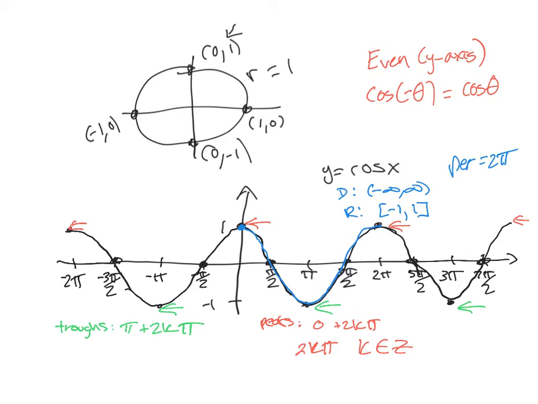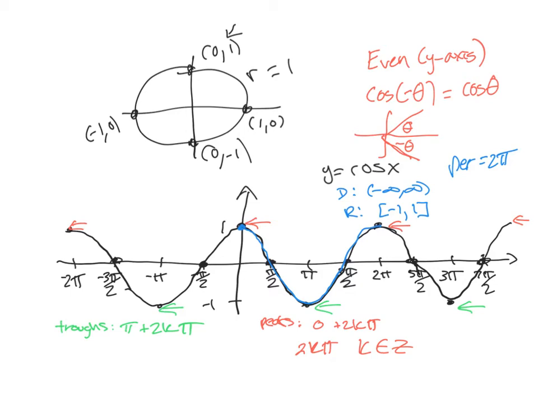And a good way to see that, again, is let's draw an acute angle theta. Here would be theta. This would be negative theta. And cosine is positive in both quadrant 1 and quadrant 4. So it is true in this case that cosine of negative theta would be the same as cosine of theta.